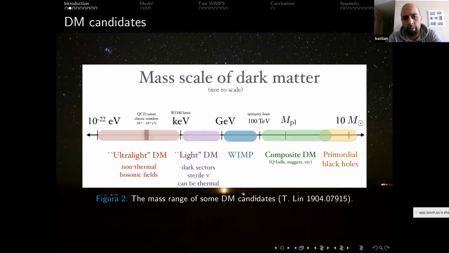This figure is not to scale, but you can see a lot of orders of magnitude that span the different candidates of dark matter, going from ultralight scalars in this blue, in this red region here, up to several solar masses with these primordial black holes. And in particular, in this presentation, I'm going to focus only on this blue region, which is the model that we studied. So next slide, please.